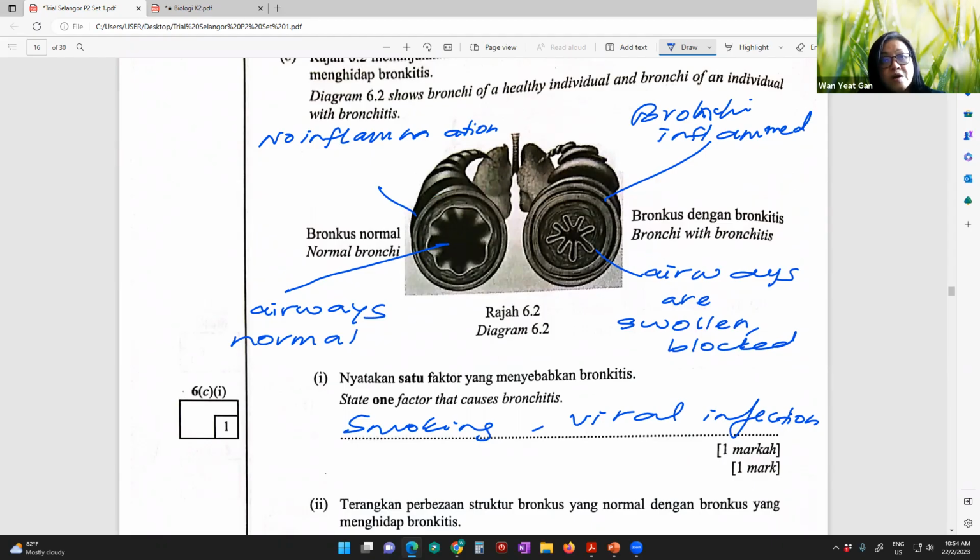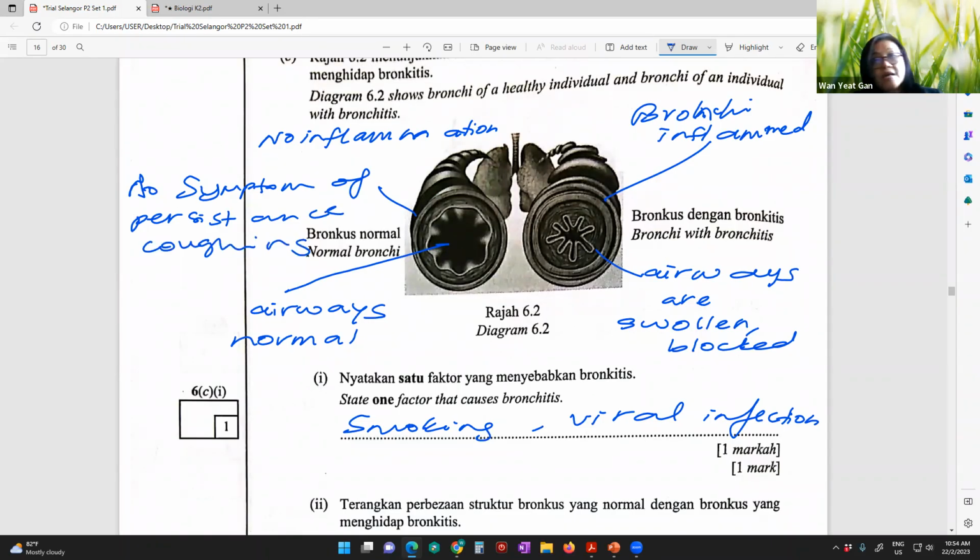For a person with normal bronchi, they don't have symptom of persistent coughing. Okay, so normally people with bronchitis will have symptom of persistent coughing.